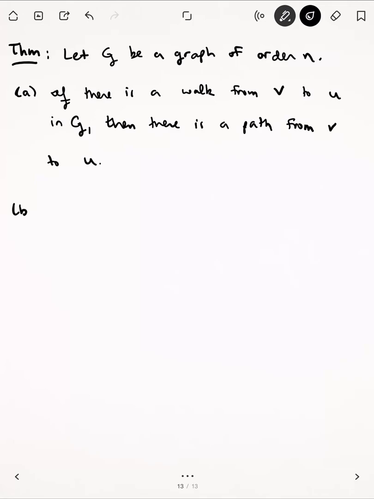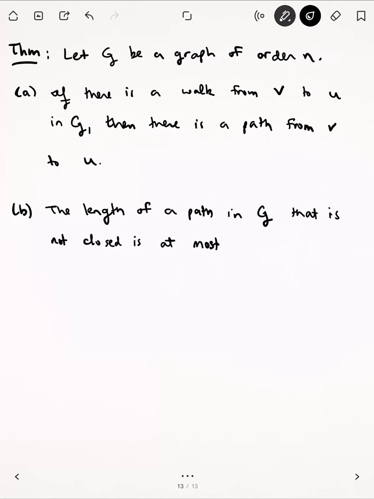And B: the length of a path in G that is not closed is at most n-1.